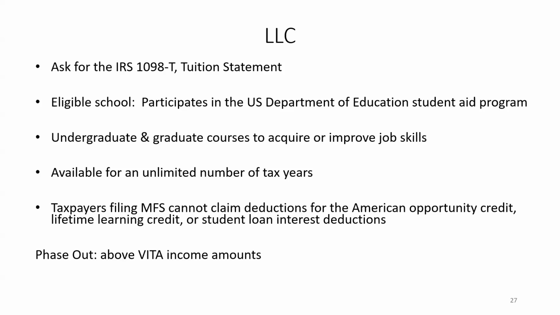You'll hear the VITA income limit again and again. It's written in jello. It's not written in marble. It's about $65,000, and I think the Orange County United Way mentioned that in some cases, for certain very basic returns, i.e. wage earners, it can go all the way up to $80,000. That's something your site coordinator will work with the United Way on.